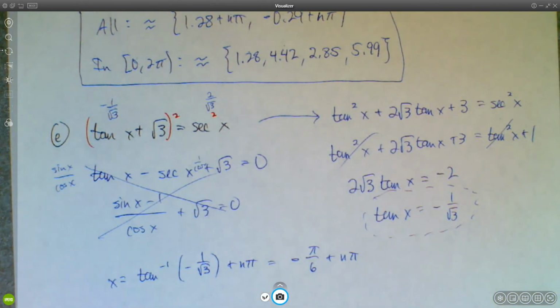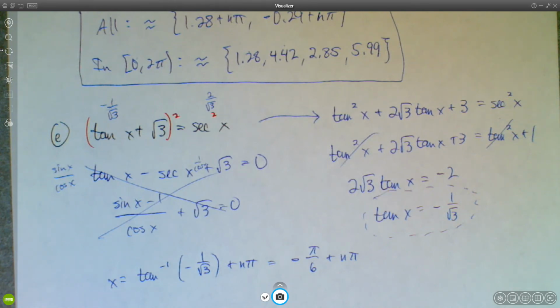So, let's verify. I'm going to just plug it into my calculator. Tangent of 5 pi over 6 plus root 3 equals 2 root 3 over 3.